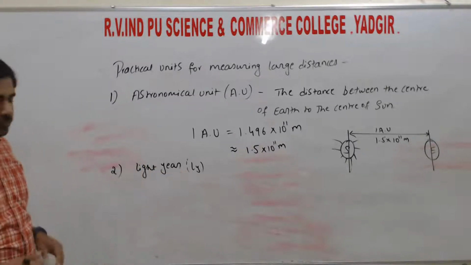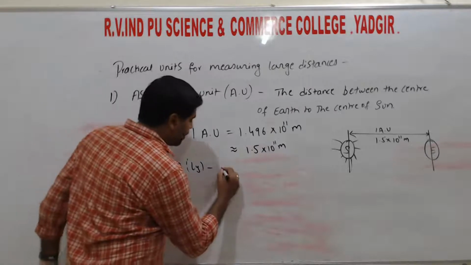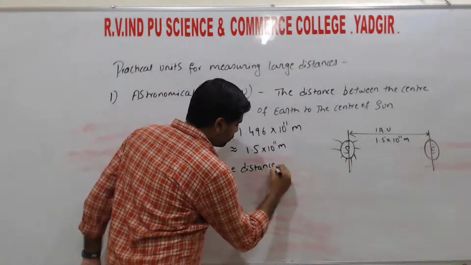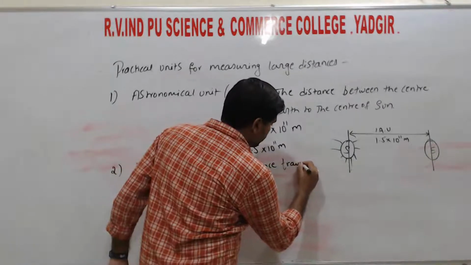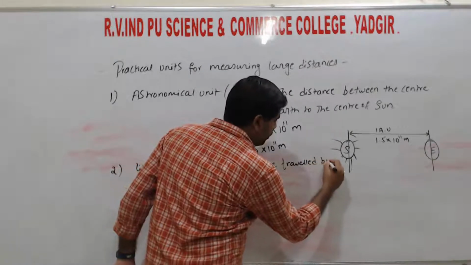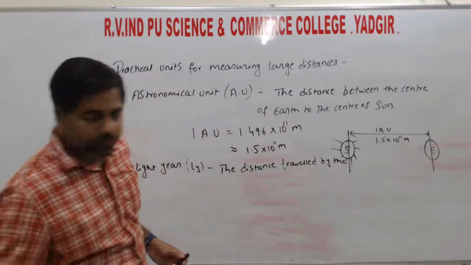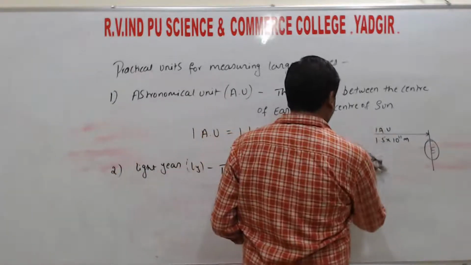Right? The distance traveled by the light in 1 year in vacuum.